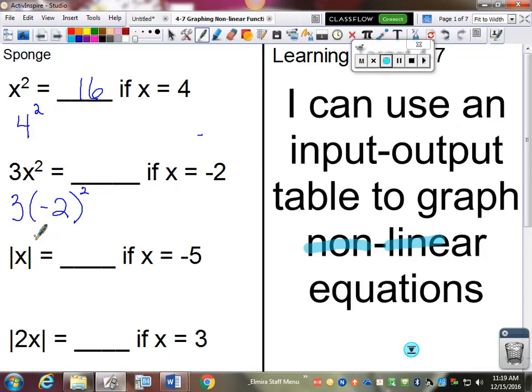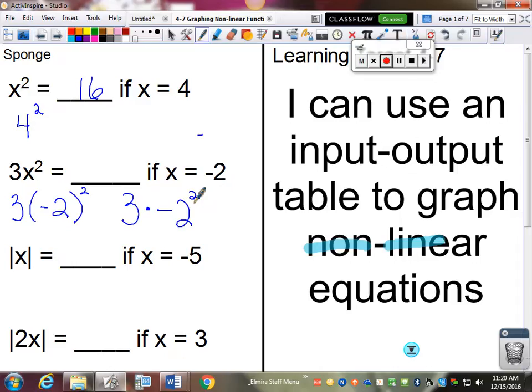Now, the parentheses here serve two very important purposes. Number one, they're showing multiply between the 3 and the negative 2x squared. However, this would not mean the same thing if I used a dot instead of parentheses.